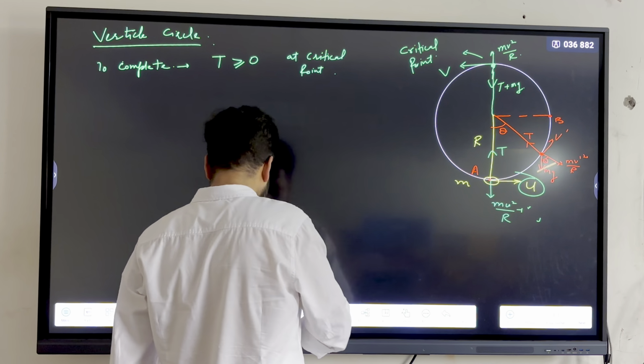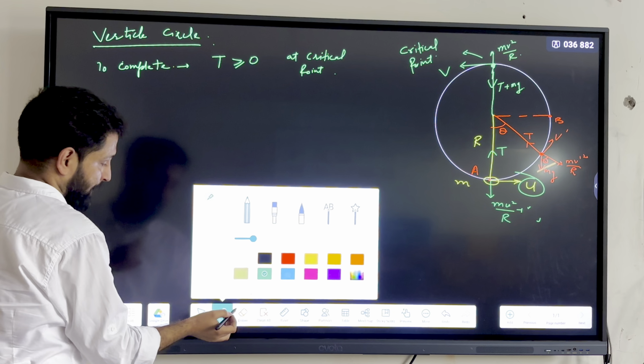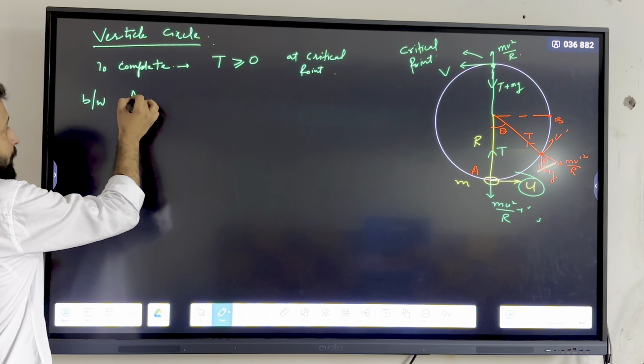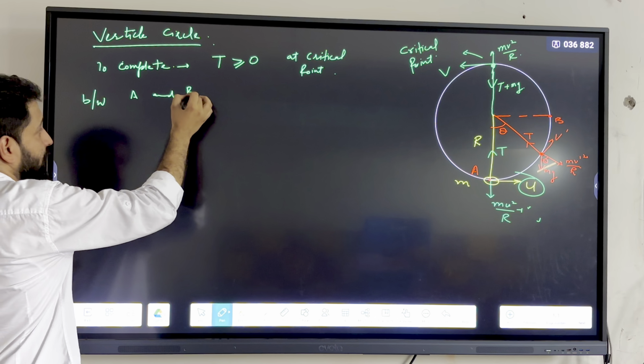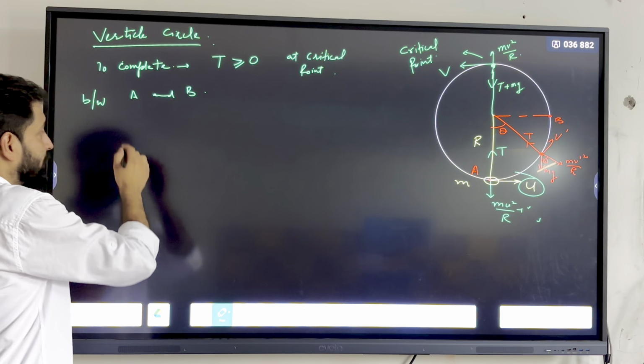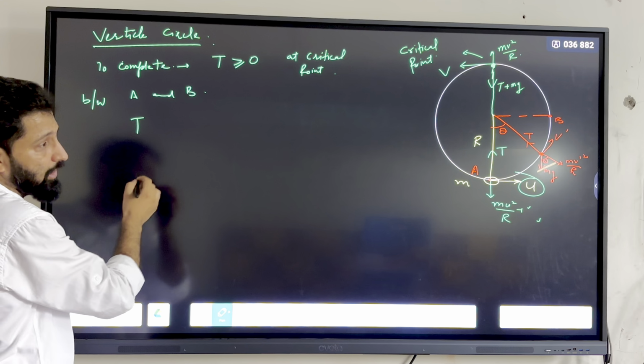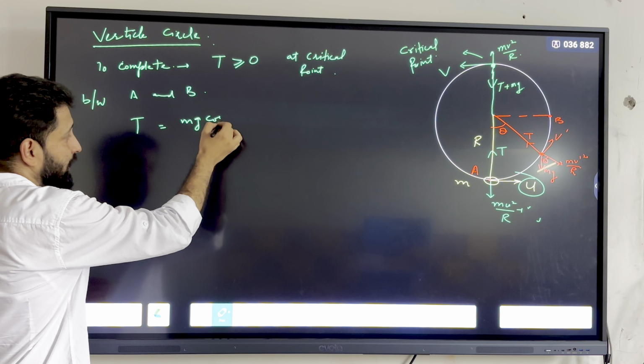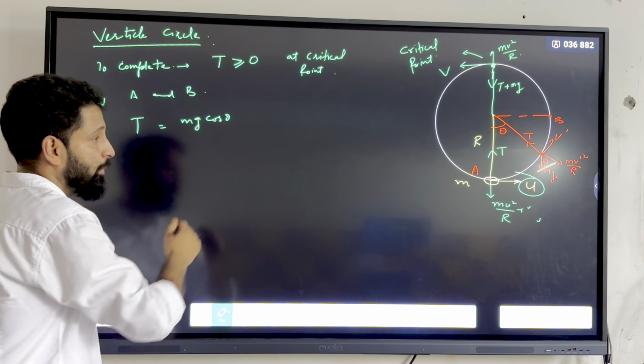So between A and B, what happens to the body, the tension is equal to mg cos theta plus m v dash square divided by r.